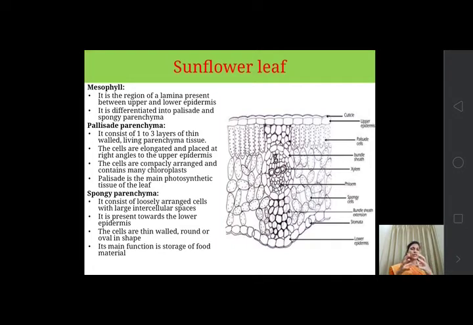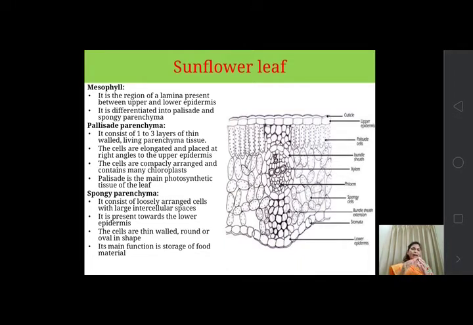That means intercellular spaces are more in them. Okay, so these loosely arranged parenchymatous cells are known as the spongy parenchyma. So there are two different types of parenchymatous cells present between the lower and the upper epidermis: palisade parenchyma and spongy parenchyma.